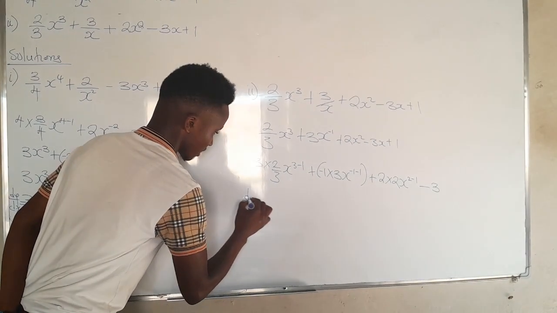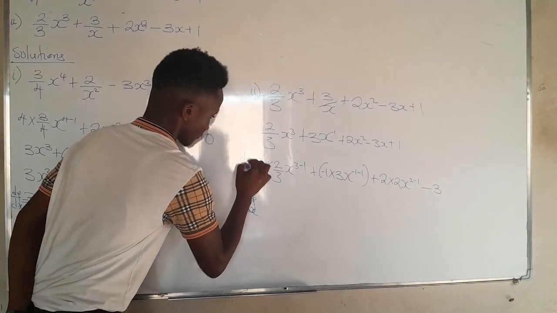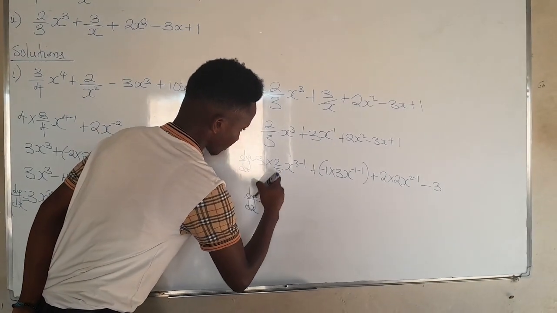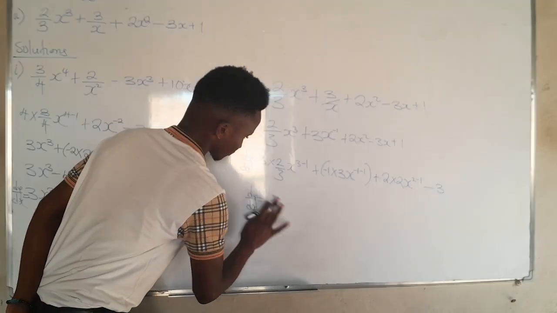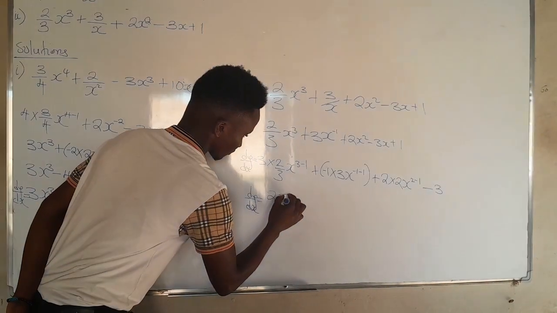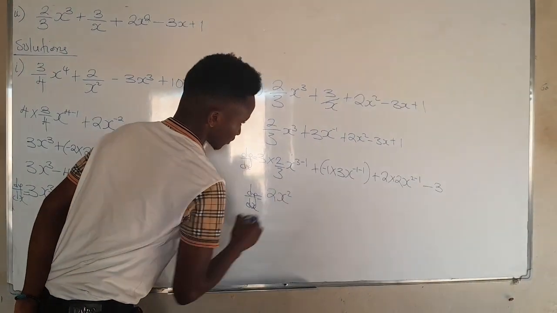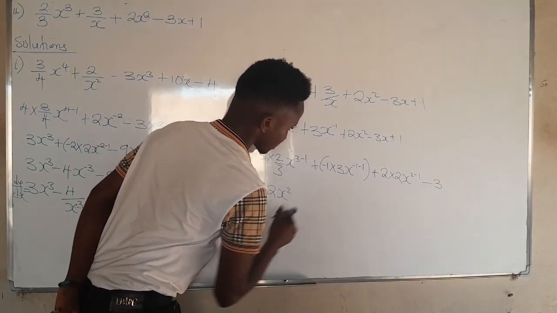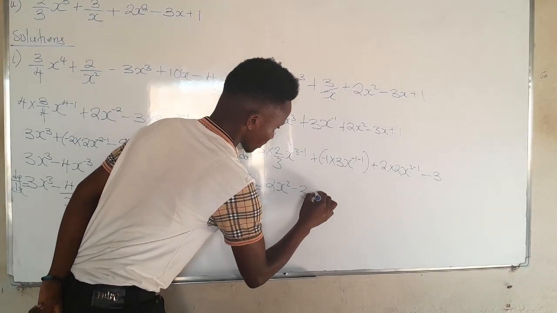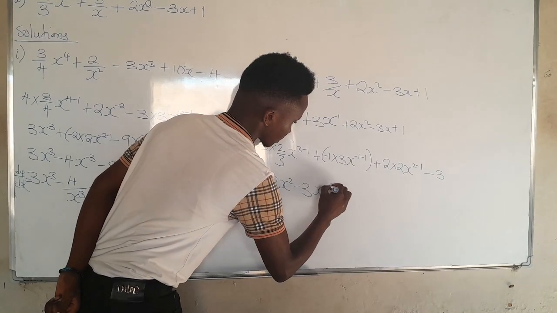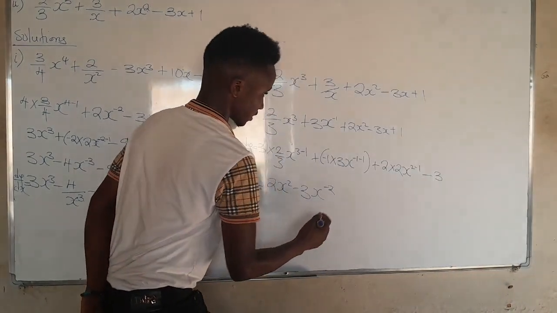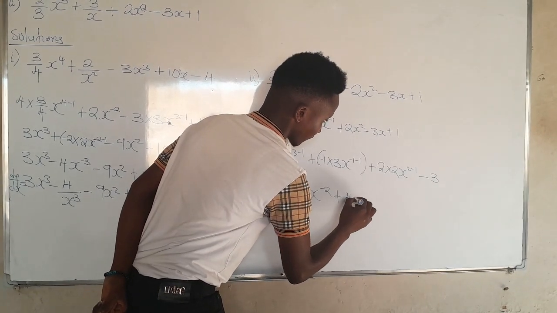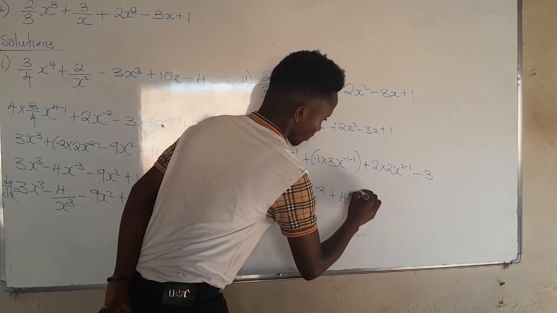Now dy dx is equal to 3 times 2 over 3, which will give us 2x, 3 minus 1, 2. Then here we multiply negative 1 times 3 to give us negative 3x to the power negative 2, since negative 1 minus 1 gives us negative 2, plus 2 times 2 will give us 4x to the power 1.